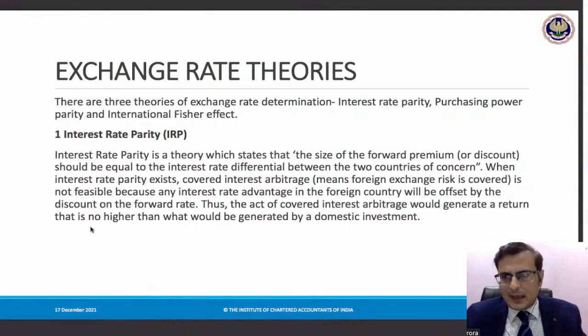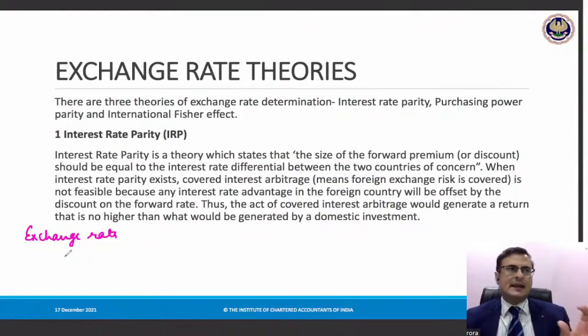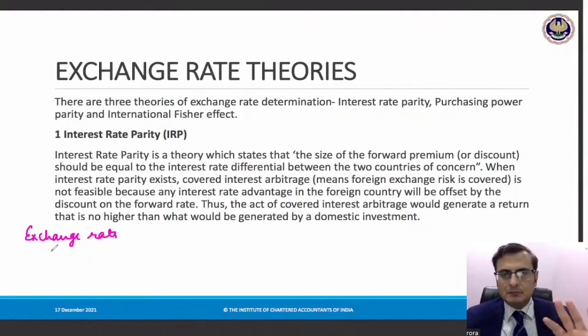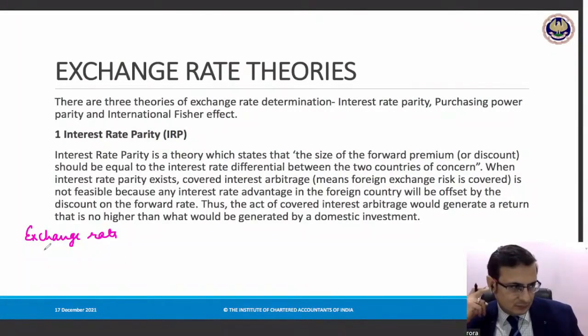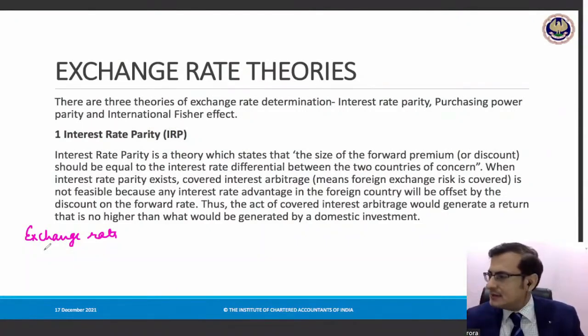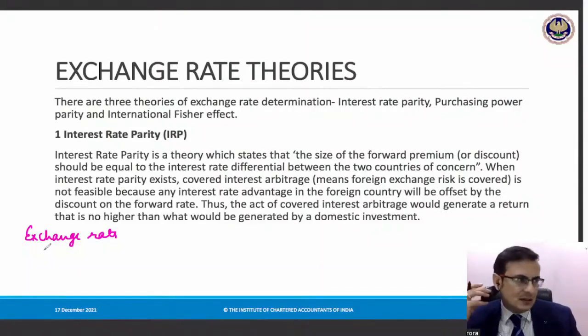You can read, no problem, but I'm writing something. What is the chapter that we are studying? Foreign exchange risk management. So the exchange rate means the rate which is used as a medium between two countries. When we go and buy any item, if I ask how much this mouse is worth, the shopkeeper says give me 500.